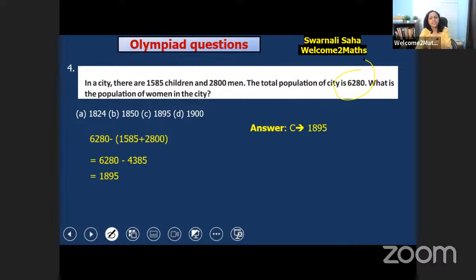Very good. Your answer is exactly correct. It's C, 1895. Not A. Some say A, but not A. C is 1895. In this way, you have to solve. Check the answer and write down in your copy.